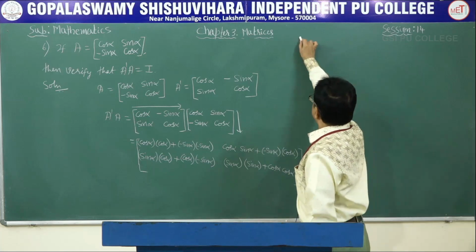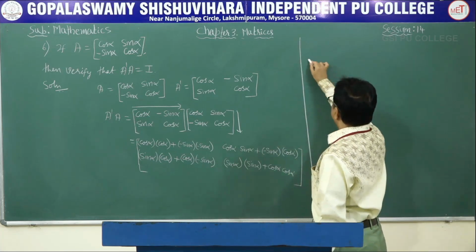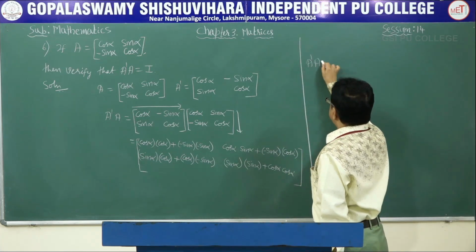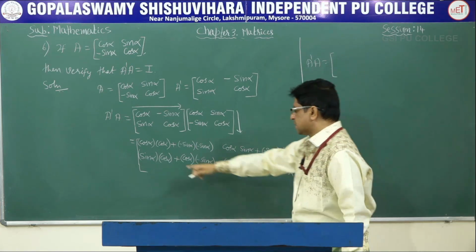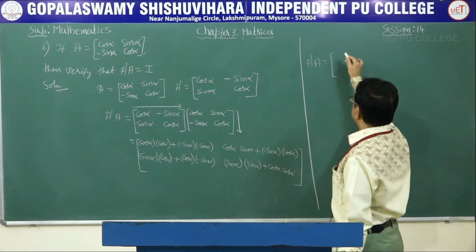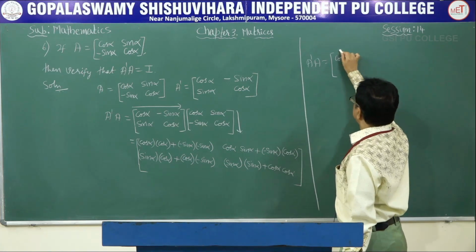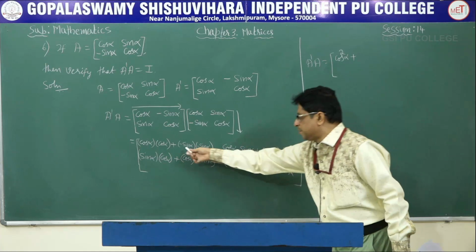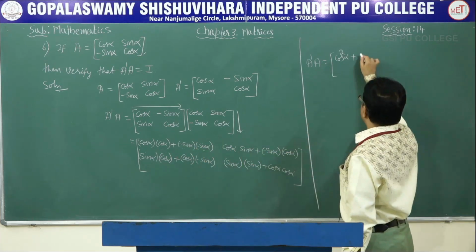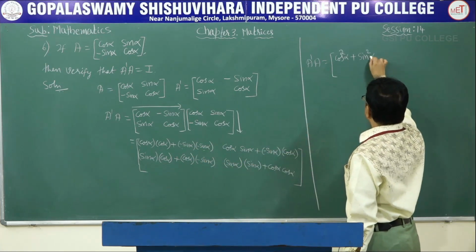So A dash A is equal to, cos alpha into cos alpha is cos square alpha plus minus sin alpha into minus sin alpha is sin square alpha.